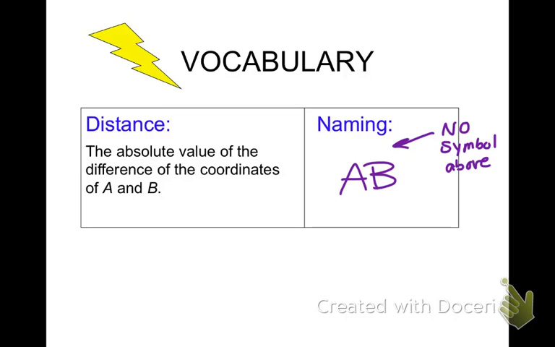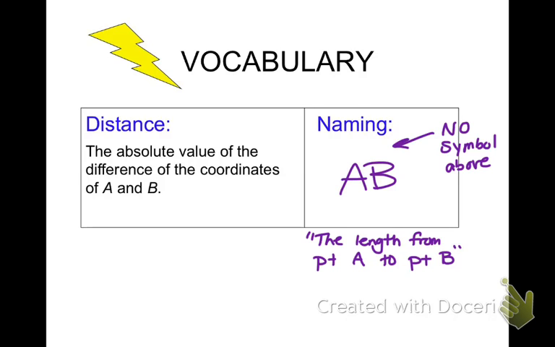So whenever we see two letters with nothing above those two letters, this is talking about the distance, or the length, from point A to point B. Or what the length of line segment AB is.